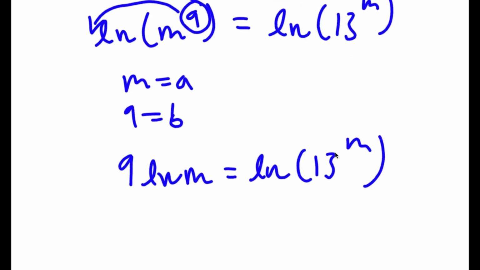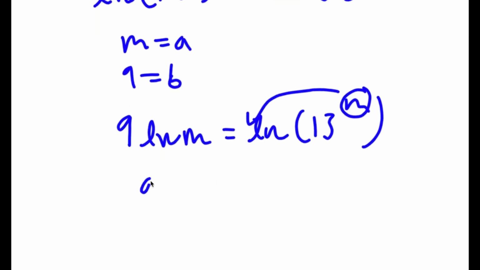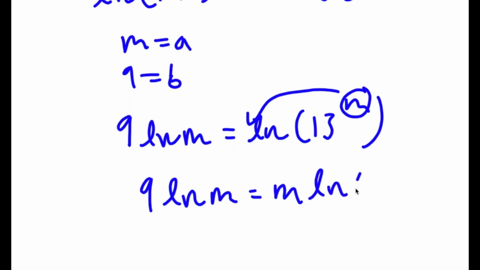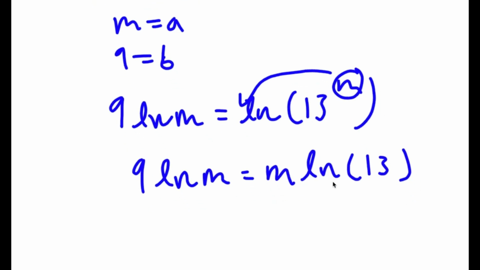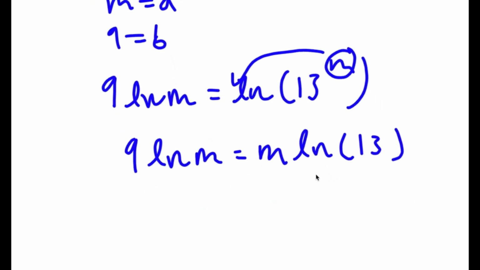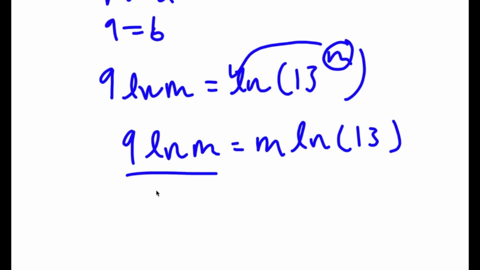And now I'm going to do the same thing with ln 13 to the power of m. I'm going to move my exponent to the front. So now I have 9 times ln m is equal to m times ln 13. Now what I'm going to do is divide both sides by 9m.